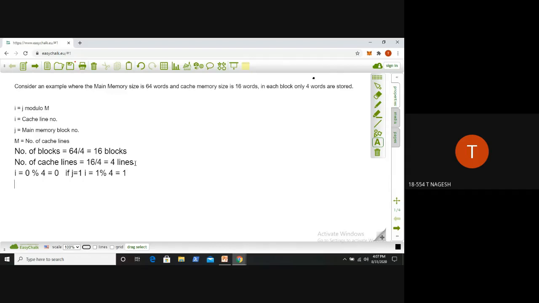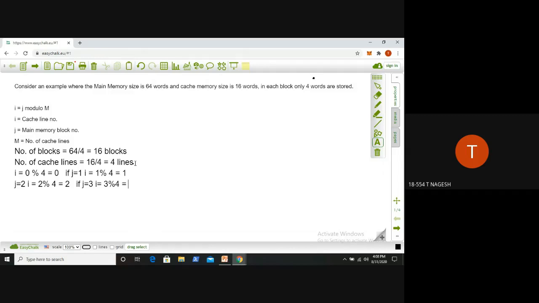In the same way, if I take j equals 2, then it becomes 2 modulo 4. 2 modulo 4 will give me 2 again. If j equals 3, then it becomes 3 modulo 4.